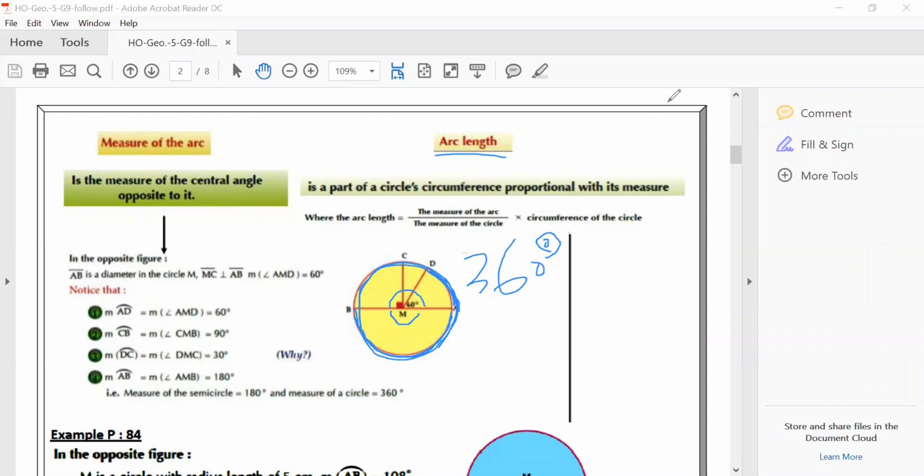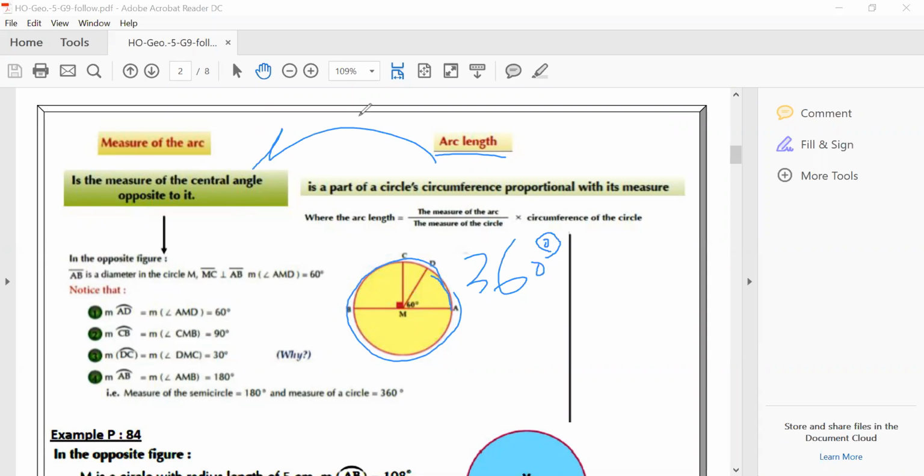So here I want a part of the circumference, an arc. The length of the arc means the length of a part. For example, I want the part AD, how many centimeters from the whole circle. I can get it by a rule which says the length of the arc equals the measure of the arc over the measure of the whole circle.